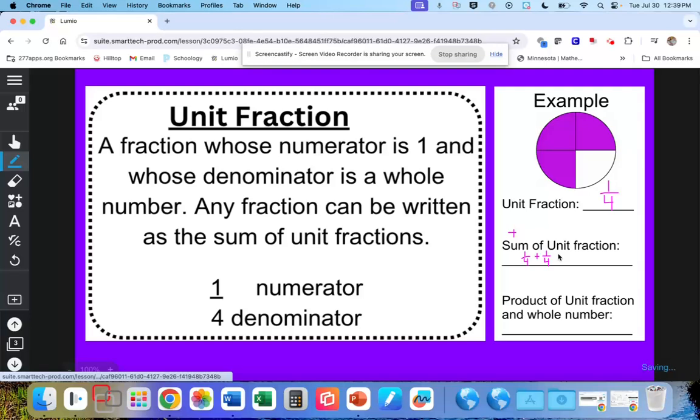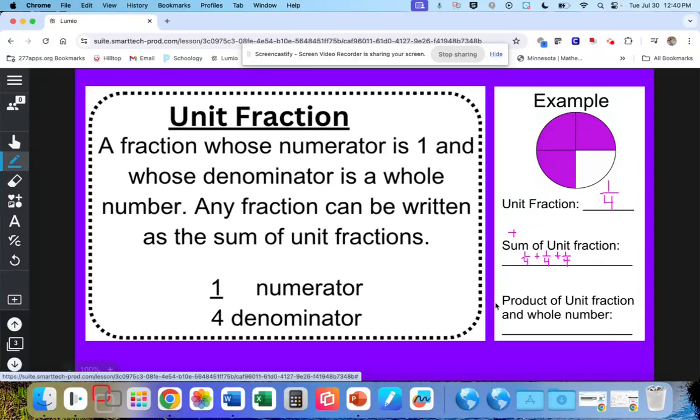We see it shaded 3 different times. So we're going to do 1/4 plus 1/4 plus 1/4. Let's make that plus sign bigger. And that would be our sum of the unit fraction. That just shows how we got to our total answer.